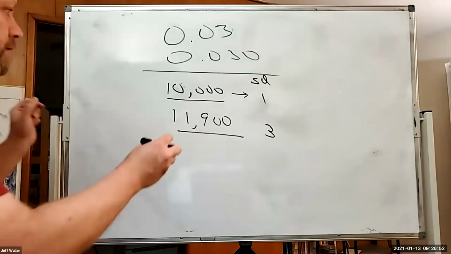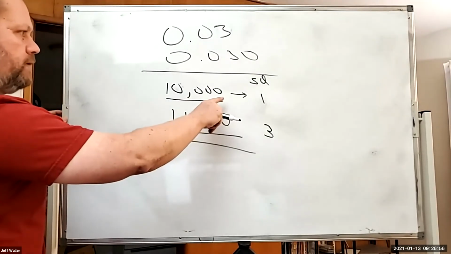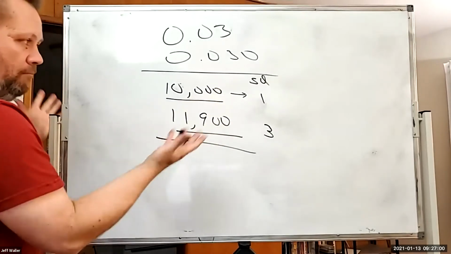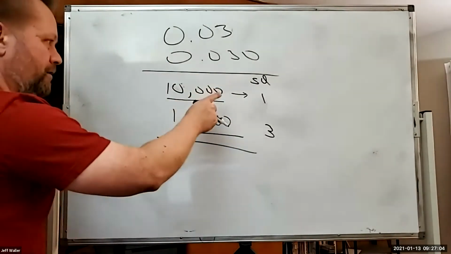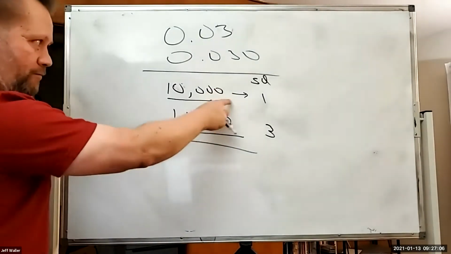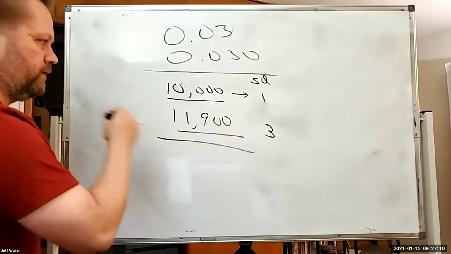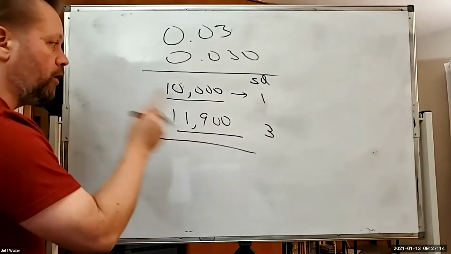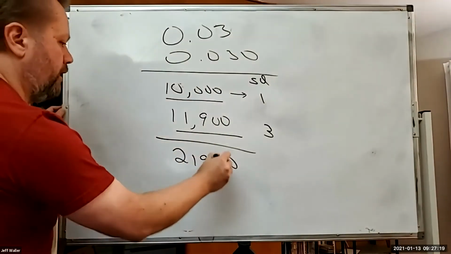So the funny thing is, if I added these 2, how many decimal places does this one have? None. Does this one have any decimal places? No. So my answer would have no decimal places. So if I add them together, that would be the answer.